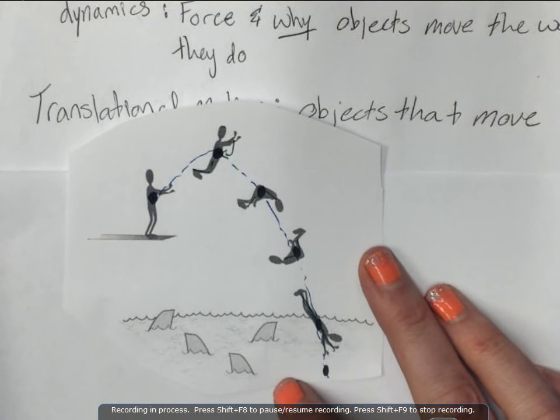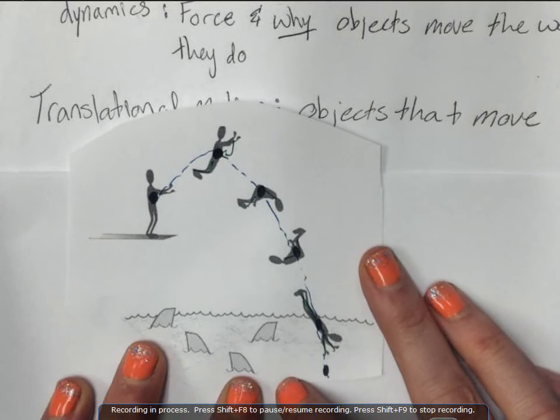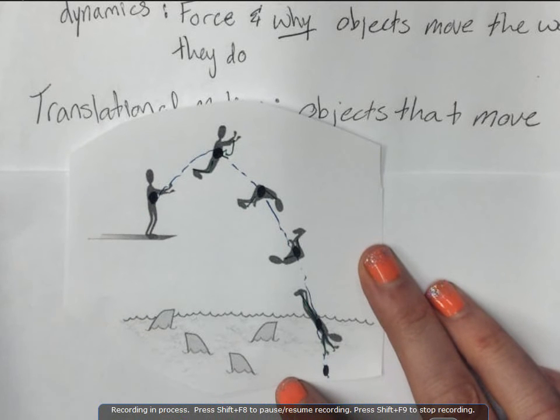But first, before we can even begin to understand all of the excess, we have to understand how the whole body, the whole object, moved from point A to point B. This picture right here would be motion in 2 dimensions.